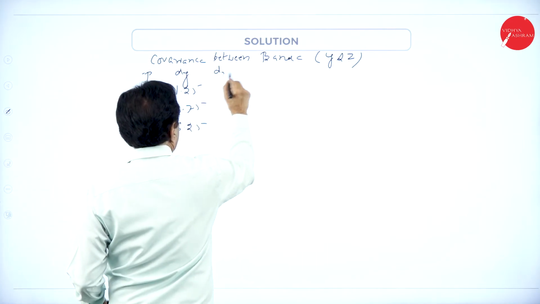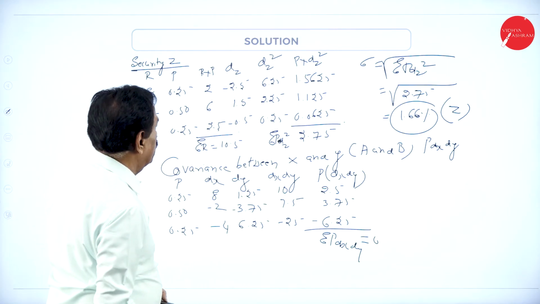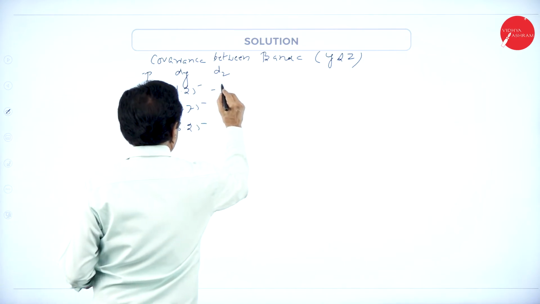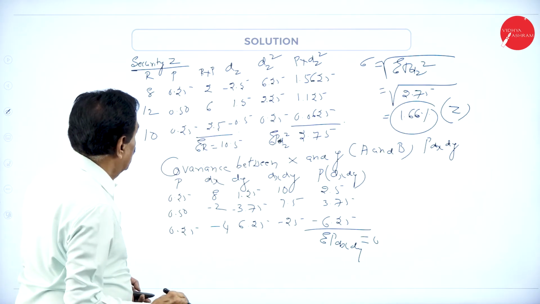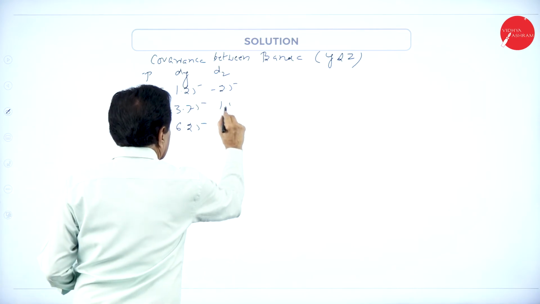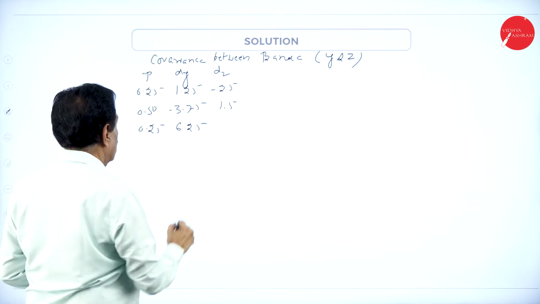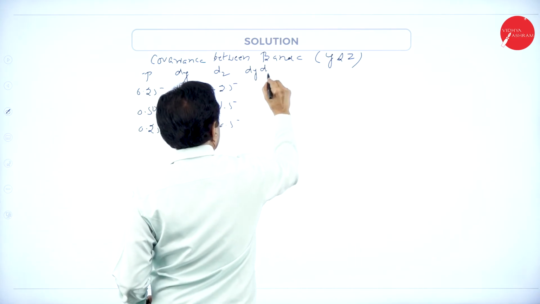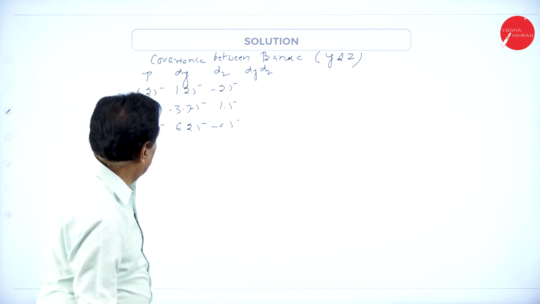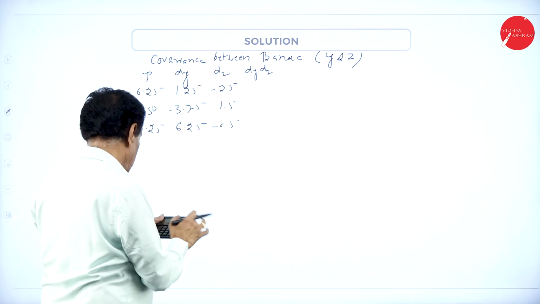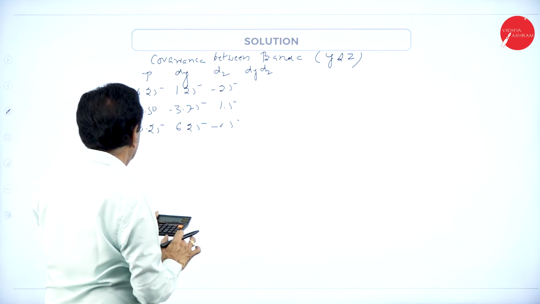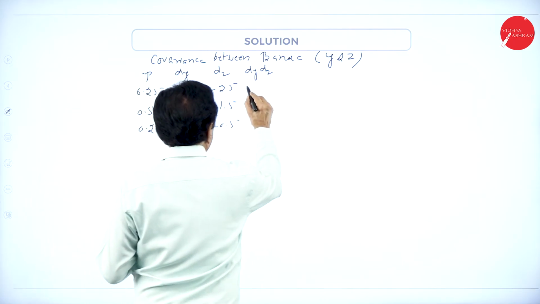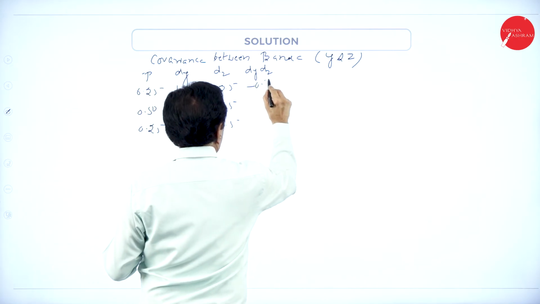Then dz, deviation of z: minus 2.5, 1.5, minus 0.5. Multiply dy dz: 1.25 into minus 2.5 is minus 3.125.